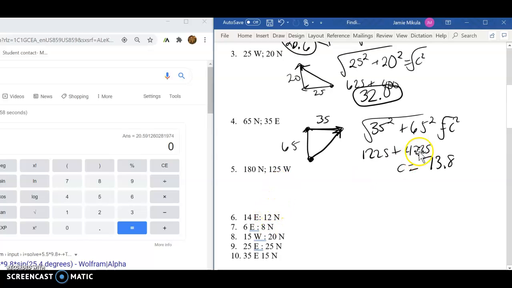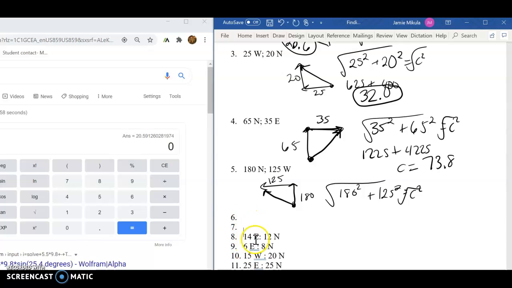All right, number 5. So we're going north. So I'm going to just draw a north and then a west. So I went 180 north and 125 west. So my resultant is going to look like that. So 180 squared plus 125 squared equals c squared. I'm going to take the square root of those.